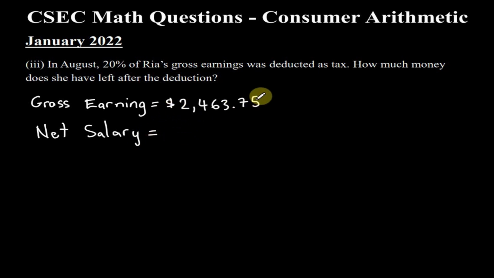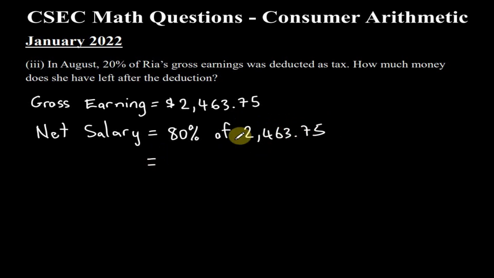Now, her gross salary represents 100% if we want to look at it in percentage, which means if a 20% tax is deducted, it means that 20% of her income would have been deducted. Thus, that implies that she'll only receive 80% of her income here of $2,463.75.